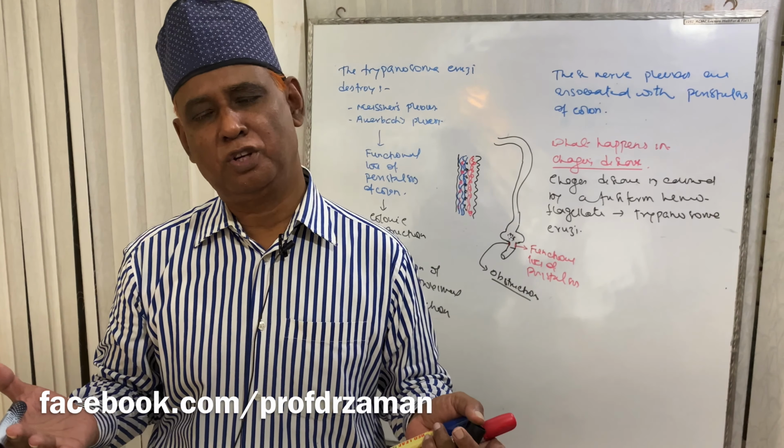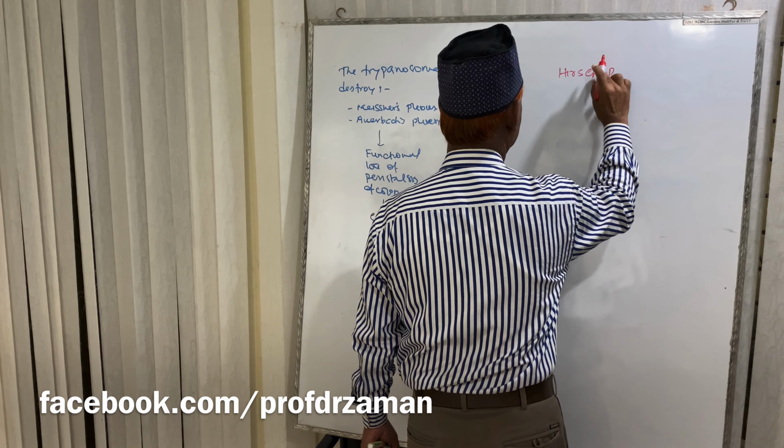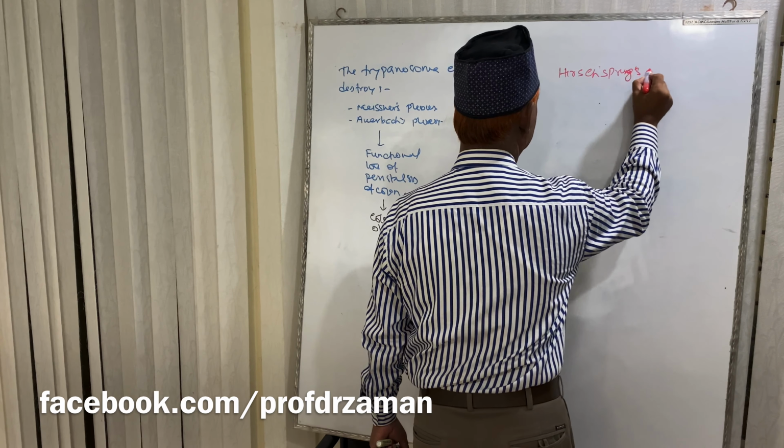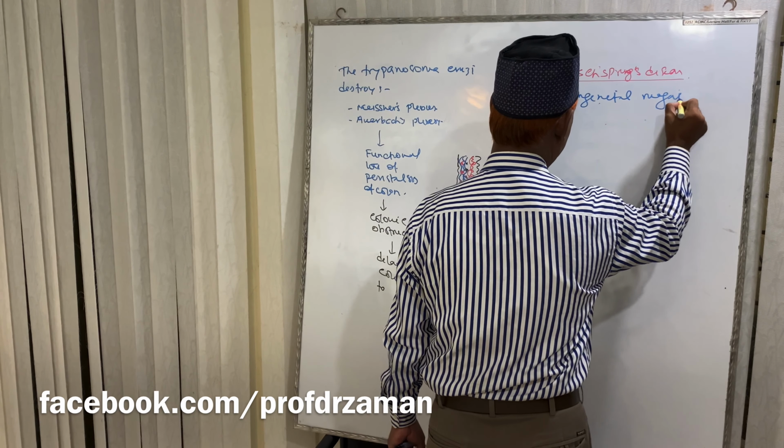Dear audience, now come to Hirschsprung's disease. Hirschsprung disease is a congenital type of megacolon.